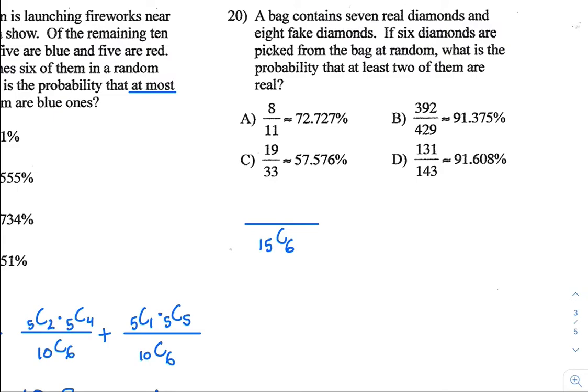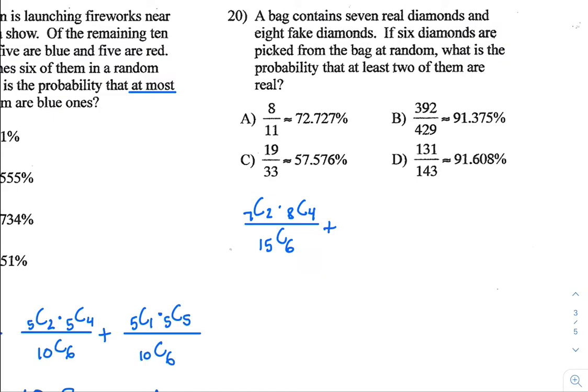So if 2 of them are real, how many total were real diamonds? 7 of them. So if you picked out 2 that are real, that means you need to have picked 4 that are not real out of the 8. So that's the scenario if you pick 2 real ones.